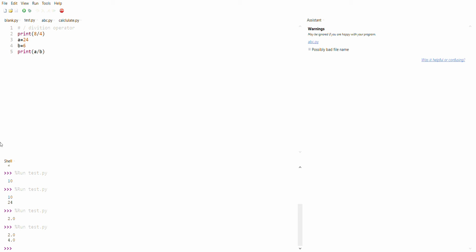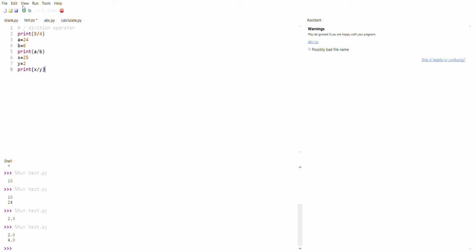And here's one more case. If x is equal to 25 and y is equal to 2, now print x divided by y.